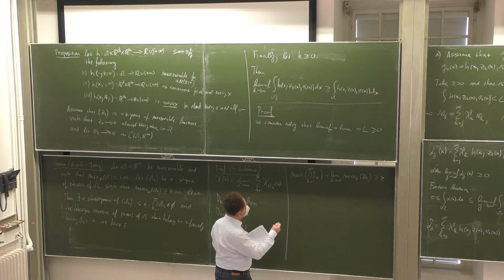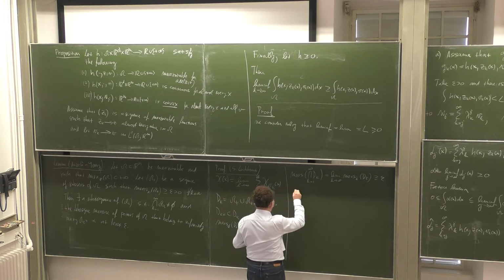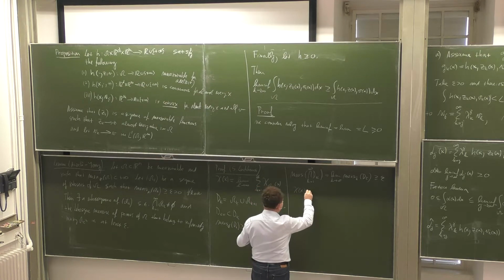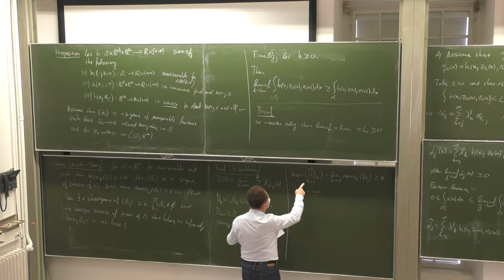And if you are there, then the characteristic function, in particular, is plus infinity on this intersection.